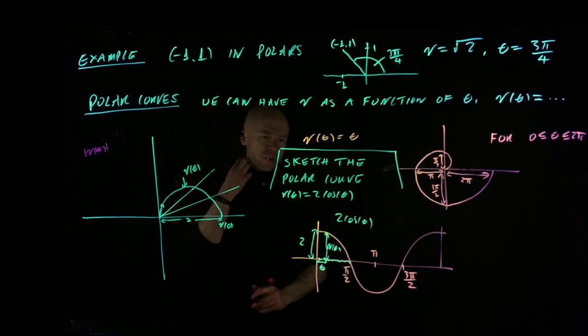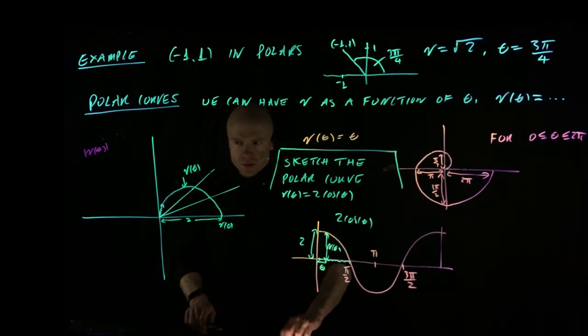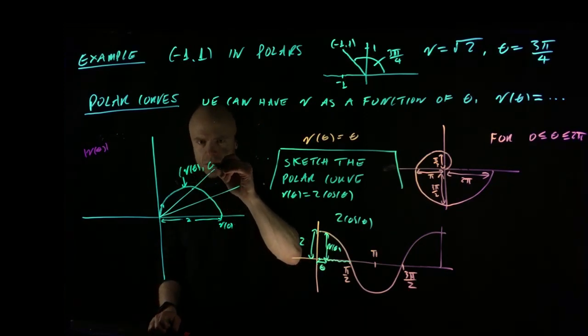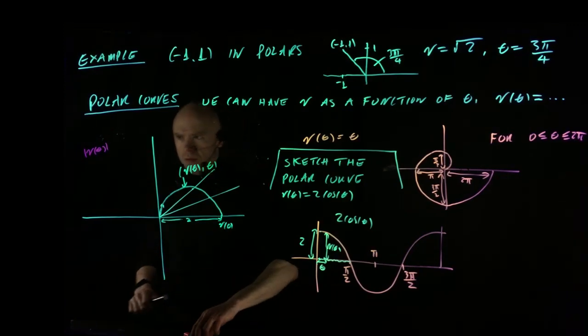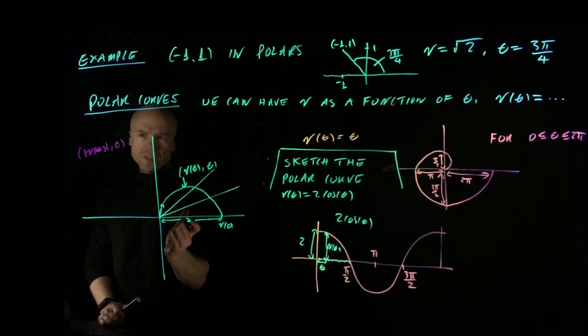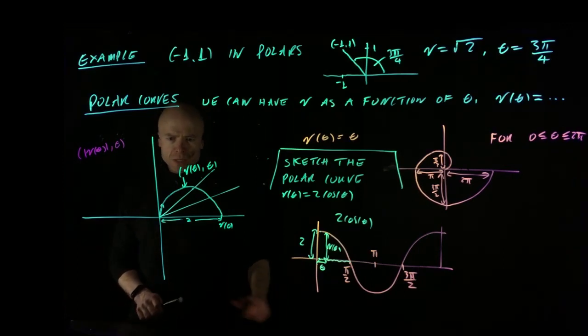Okay, I'm going to plot r, well, strictly speaking, what am I plotting? I'm plotting this point, and I'm going to plot this point instead, as I range theta from pi over 2 to pi. So let's do that.